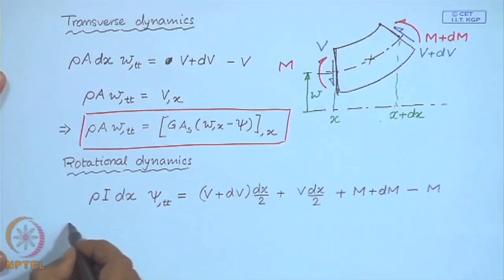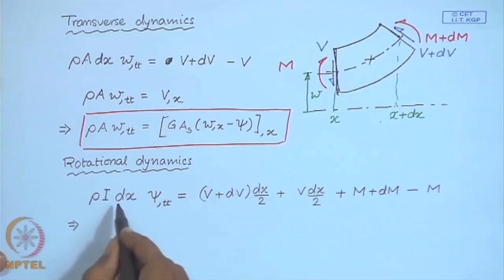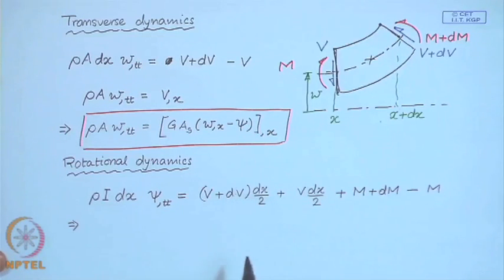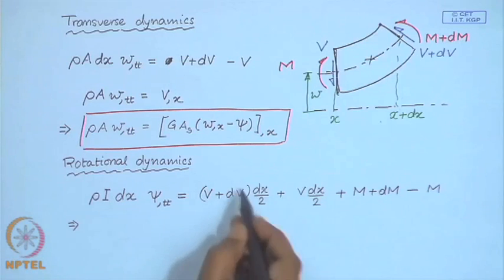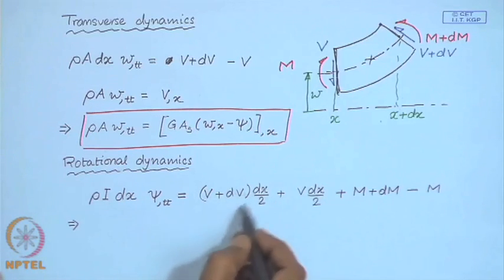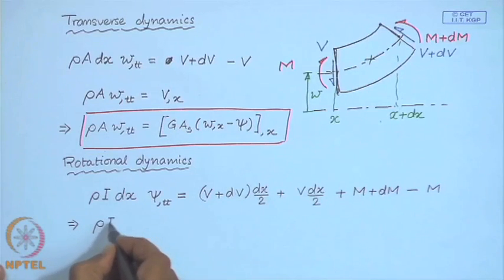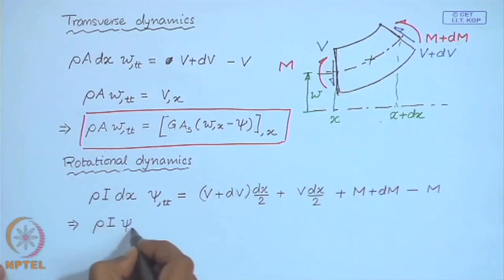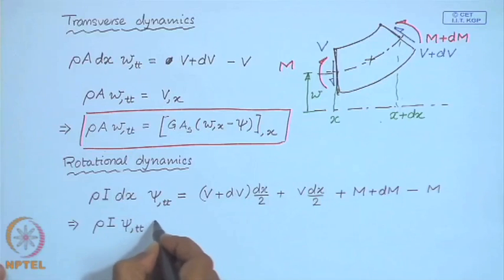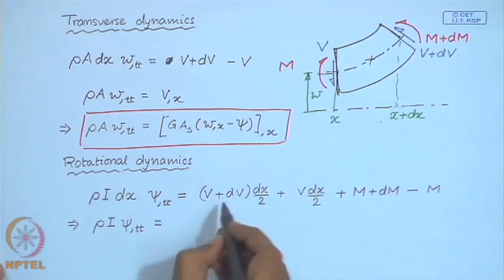So, dividing by dx and considering that dv/dx is of smaller order, we obtain the equation of motion.